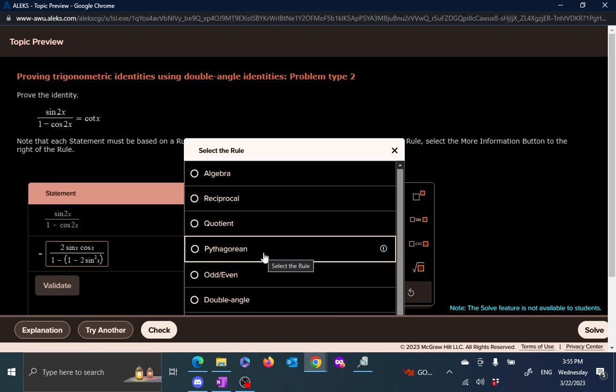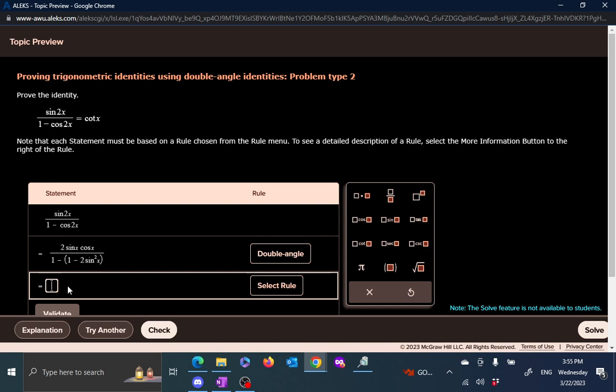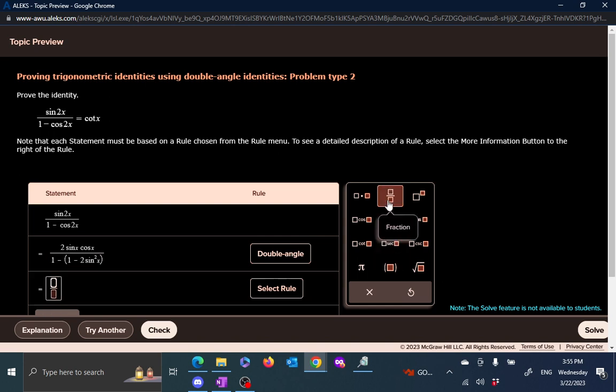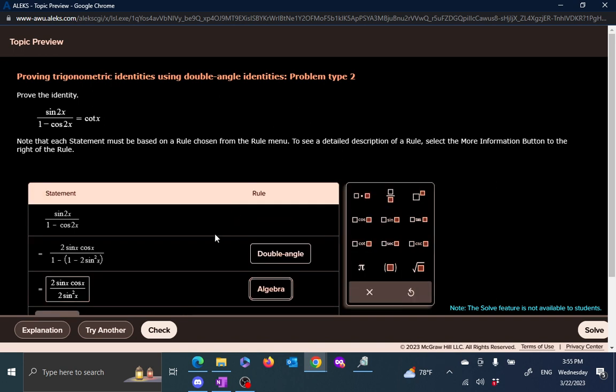So these are both double angle. Let's see, doing them all at the same time, would that be okay with you? Let's see. Yes. Okay. Now 2 sine x cosine x, and then we subtract from the denominator 2 sine squared of x. What did I do? Just did algebra.